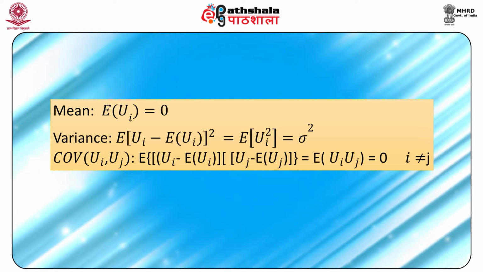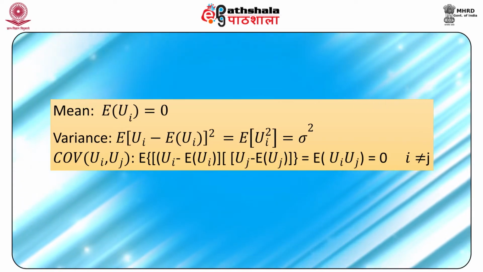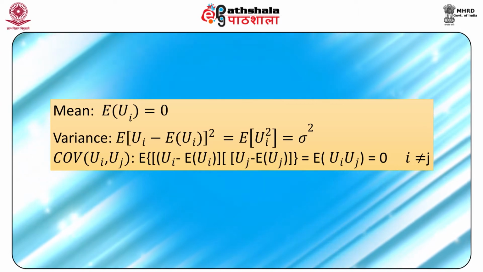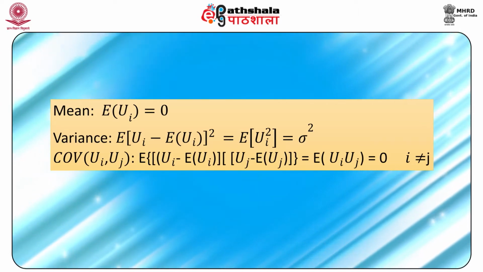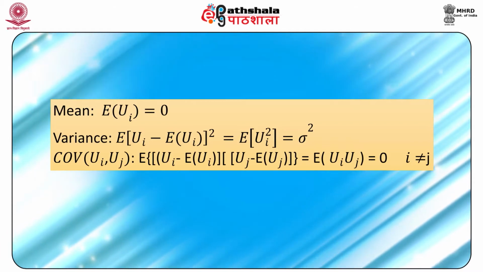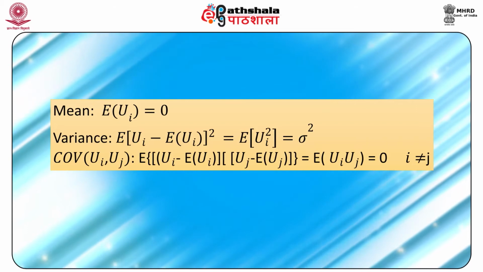Which means we are assuming that the covariance of mu i, mu j is 0, and the mean or expected value of mu i is equal to 0. Variance we are defining as expected value of mu i minus expected value of mu i, whole square, is equal to expected value of mu i square, equal to sigma square.